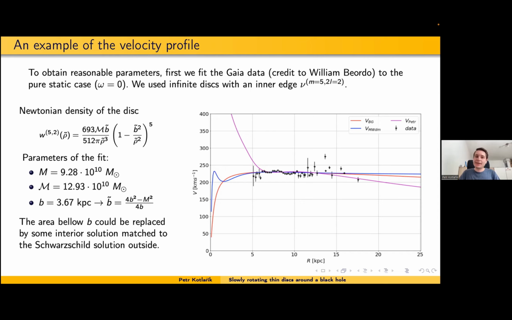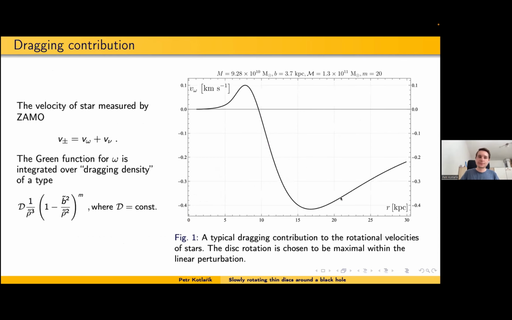But now we are interested in how the dragging contributes to this rotation curve. So we take the same parameters and numerically integrate the dragging over some reasonable dragging density, and have some numerical results. The typical dragging contribution looks like this.